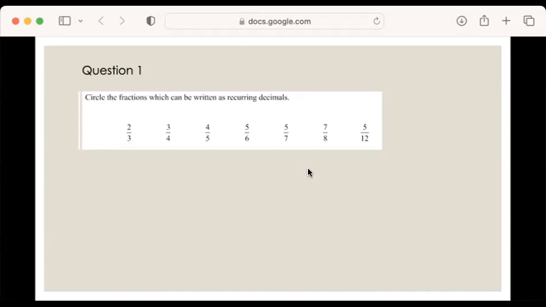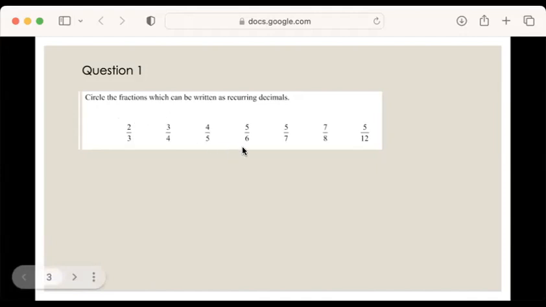When we say recurring decimal, what happens is when we divide the top by the bottom, the decimal places do not end but continuously occur on and on. That is a recurring decimal. Right, now let's see the first question.